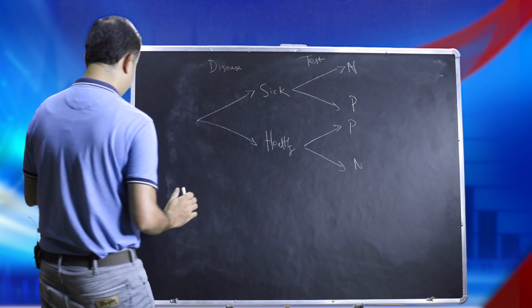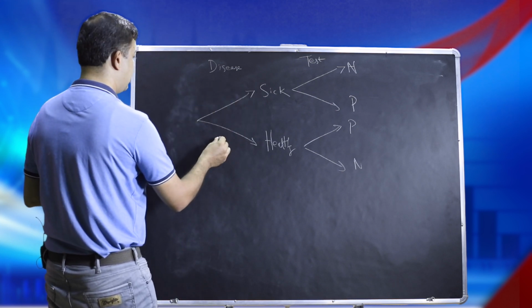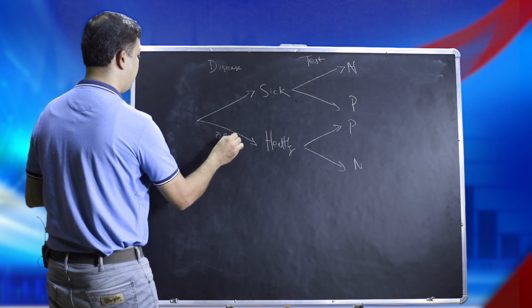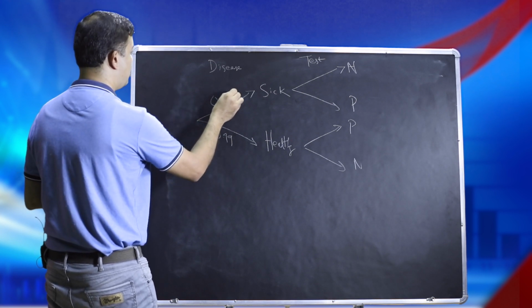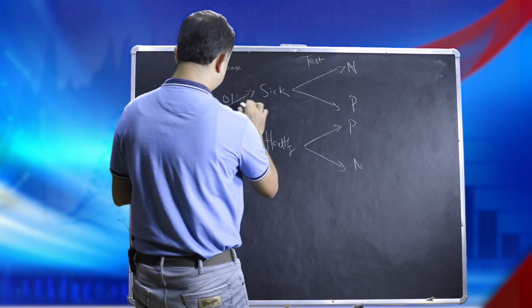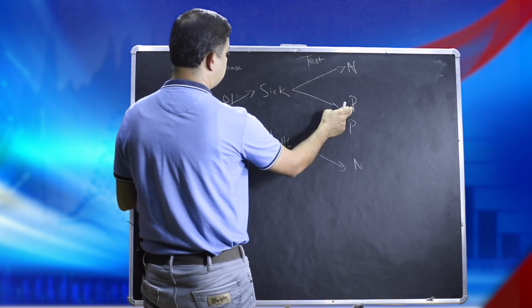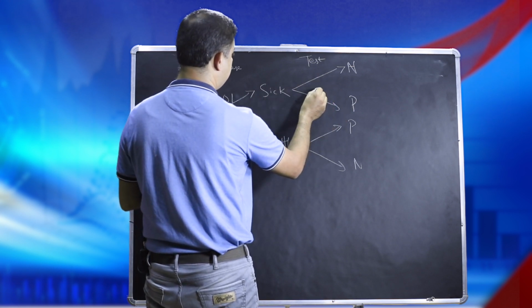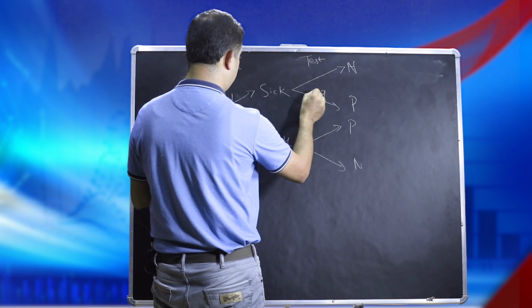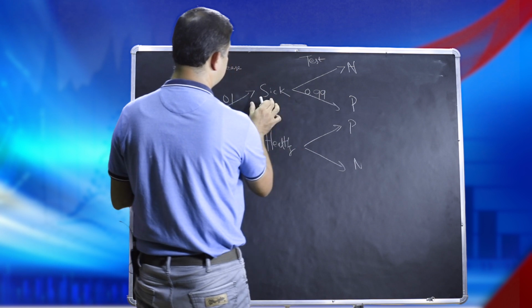So what we know is that of the whole population, 99% are healthy. So that is 0.99 are healthy, while 0.01 is only sick. This much we know very well. And of this one, because of the reliability, the positive detection of positivity is 99, that is 0.99, the test says positive for the sick people.